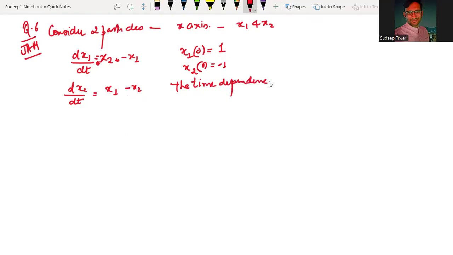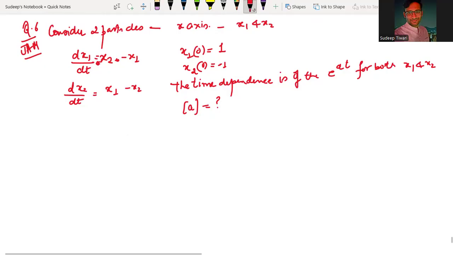Now it is asked that the time dependence is of the form e raised to the power at for both x1 and x2. What is the integral value of a? This is asked in your exam. How to solve such questions?